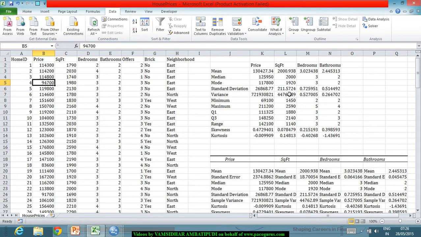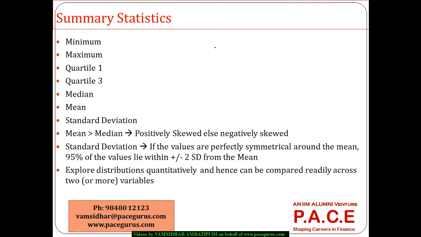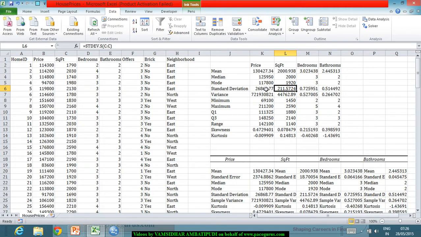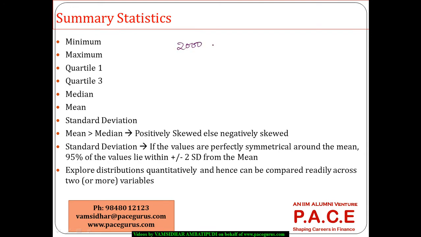In another case, 211 is the standard deviation. Again the same pattern, but this interpretation will come in handy only if my distribution is more or less symmetrical about the mean. We'll see how we talk about symmetry about the mean. But in a simple way, assuming that it is symmetrical, if the mean is 2000 units and the standard deviation is 211, twice of it is 422.